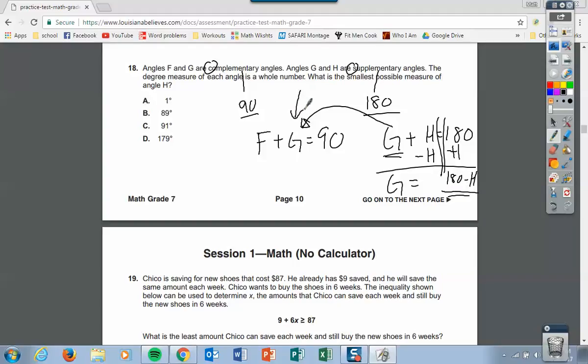So now I've got F plus 180 minus H is equal to 90. What's the smallest possible measure of angle H?